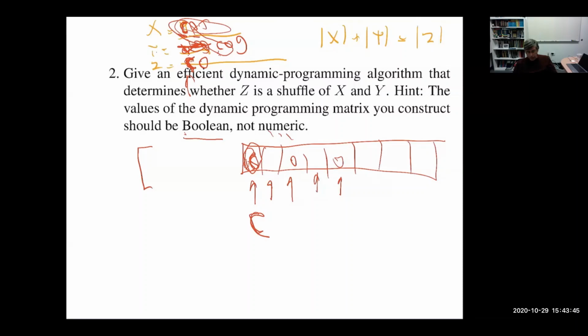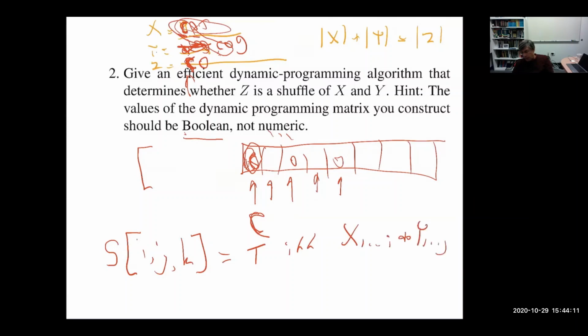What if I have a function, let's call it S for shuffle, of I, J, K, which is going to be equal to true if and only if X from 1 dot dot dot I and Y from 1 dot dot dot J can be shuffled to Z from 1 dot dot dot I plus J, not I plus J, let's say K. Although I think the beans will be spilled soon.